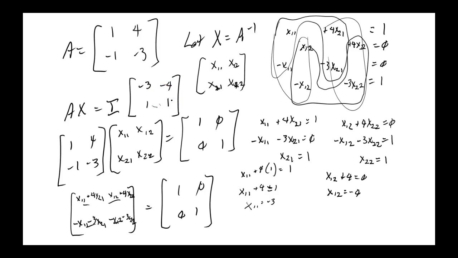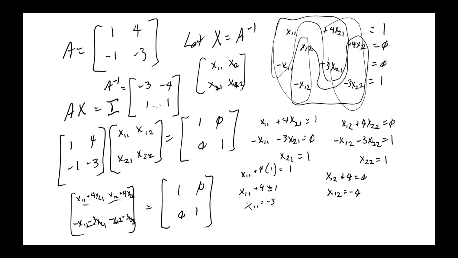Okay, there we have it. And that's what they got. Now, they claim, and we do too, that this is your A inverse. It's the X matrix, but it's also our A inverse.